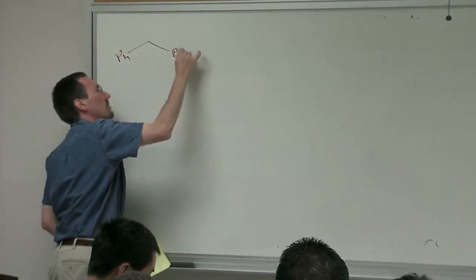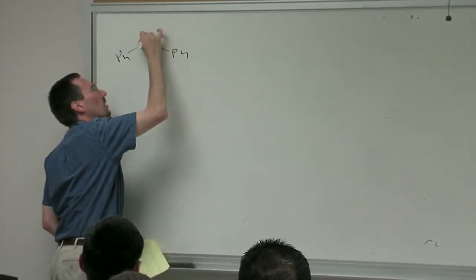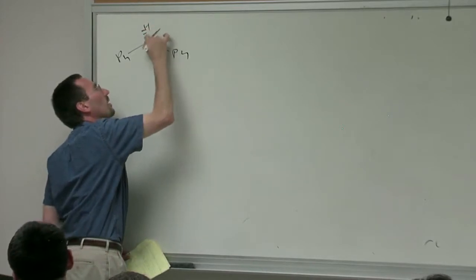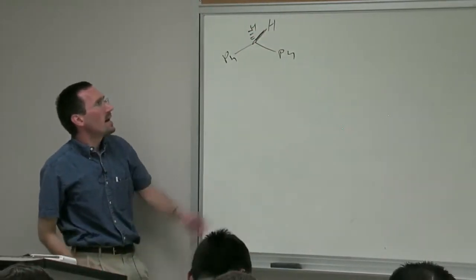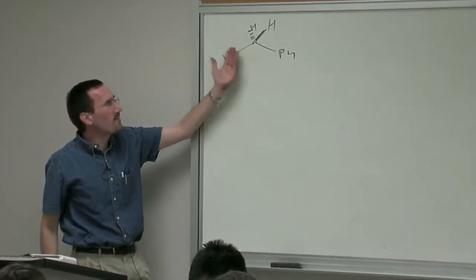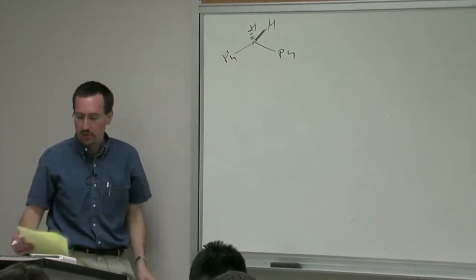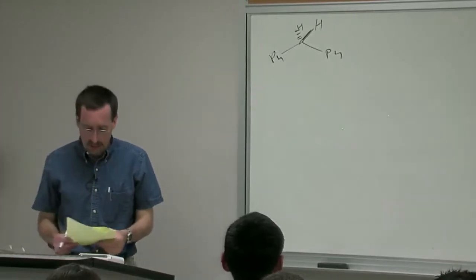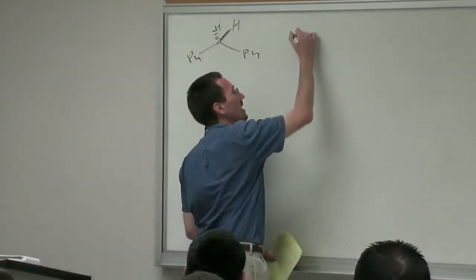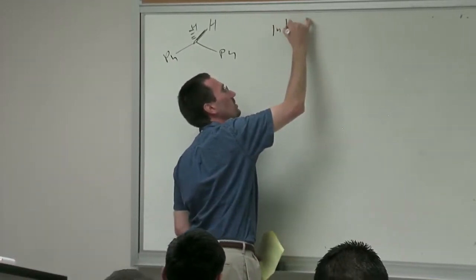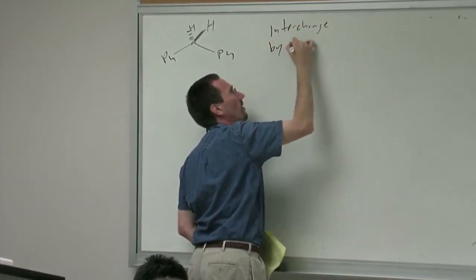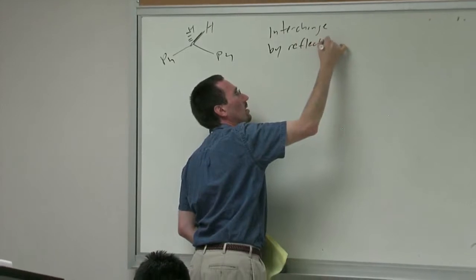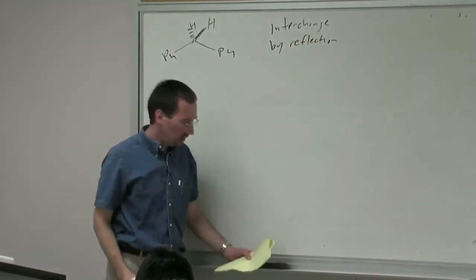If you're good with symmetry, you can just go ahead and say, all right, do we have a symmetry operation that interchanges these two hydrogens, say in diphenyl methane? You can say they interchange by reflection, and therefore they are chemically equivalent.